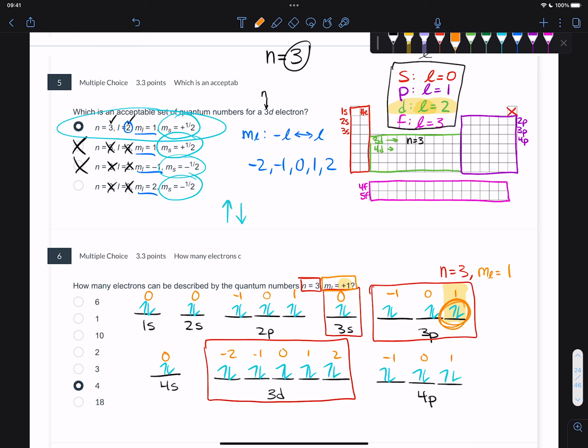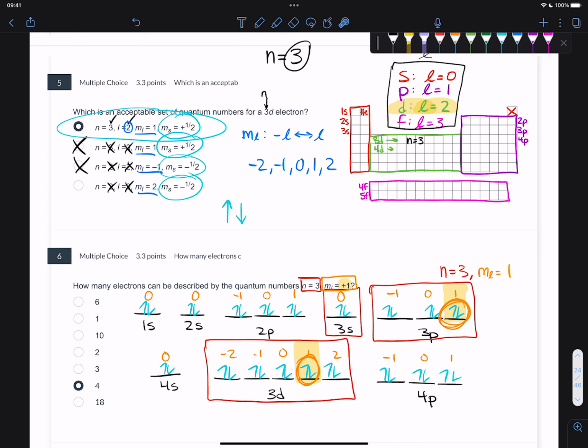Let's see if there's anywhere else in those red boxes where we also have a +1, and I see one right here. So we have another 2 possible electrons. Now the spins are going to be plus half, minus half, plus half, minus half, but we are only constrained by the fact that it must be n equals 3, but also every time you add a quantum number, you get a little bit more specific.